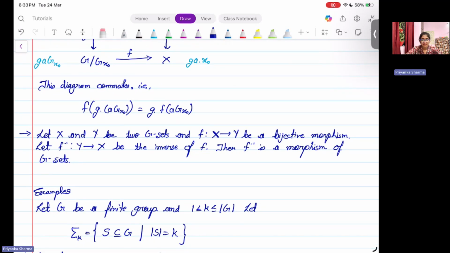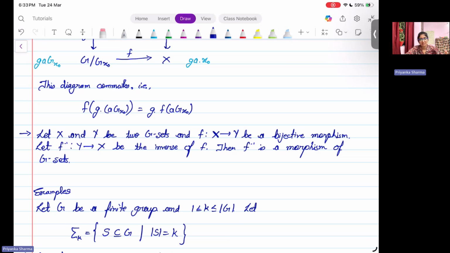Now, if we have a bijective morphism, then what will be the consequences? To define a morphism, first we need two G sets, say X and Y. They are two G sets, and we have a morphism f from X to Y. And we want to define the inverse of the morphism. For the existence of an inverse, first we need to confirm that the map is bijective.